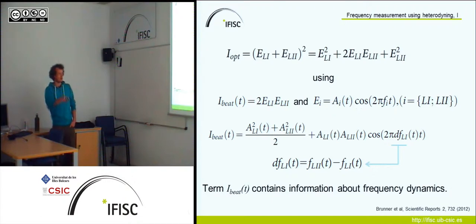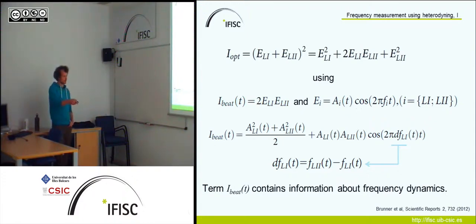One thing I neglected here is an additional term which is the summation of the optical frequencies, but since the optical frequencies alone are already much too fast to measure in the experiment, we can neglect this term because it's just impossible to measure. And here we substituted the frequency of laser 1 by the difference in frequency of both of them.